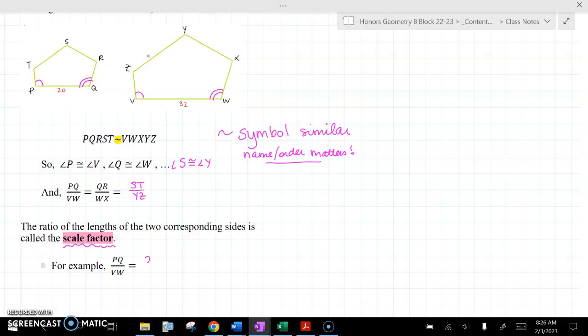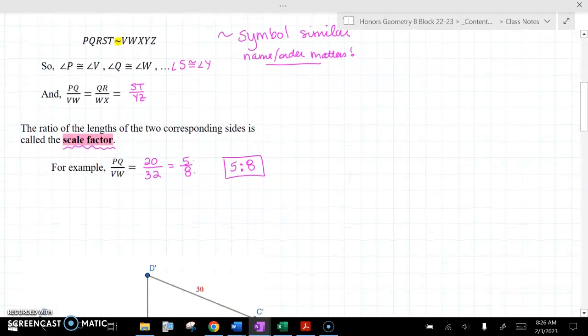So I know that the length of PQ is 20 and the length of VW is 32, so I'm setting up to get my ratio here. I can reduce this, I can divide both of them by 4, and I get a scale factor of 5 to 8, or I can write it as 5 to 8. Both of these are equally acceptable ways to write that.